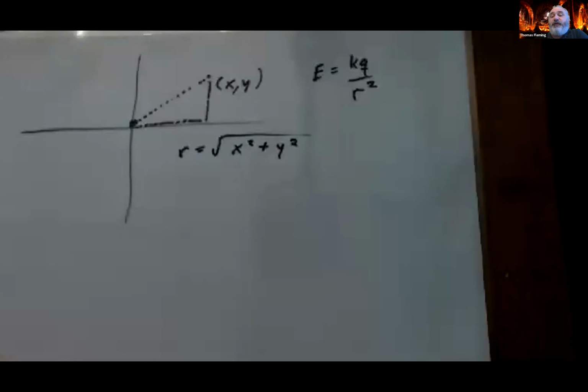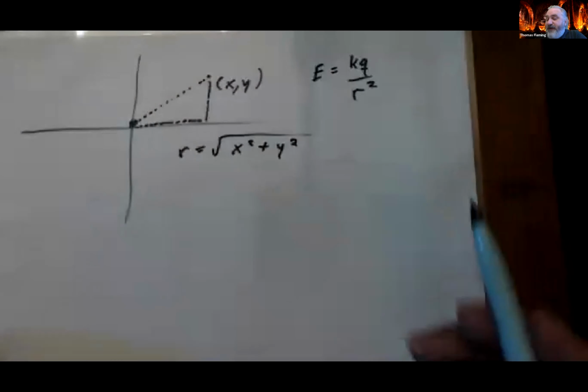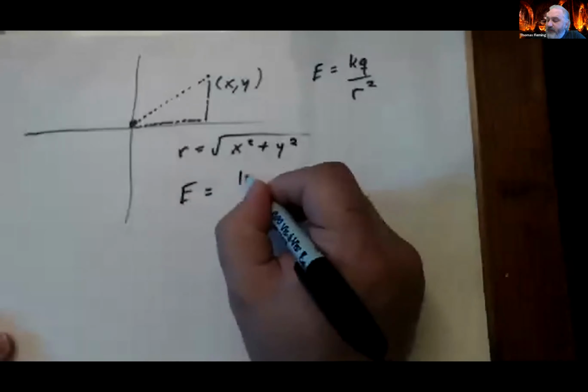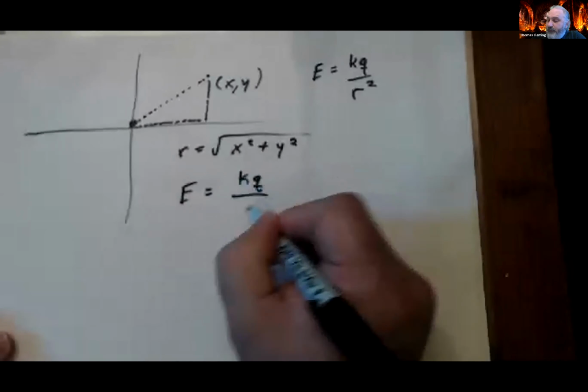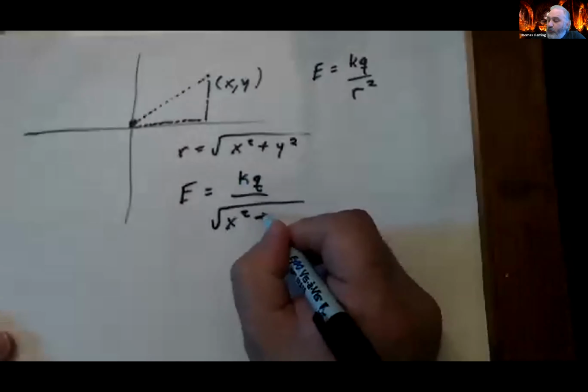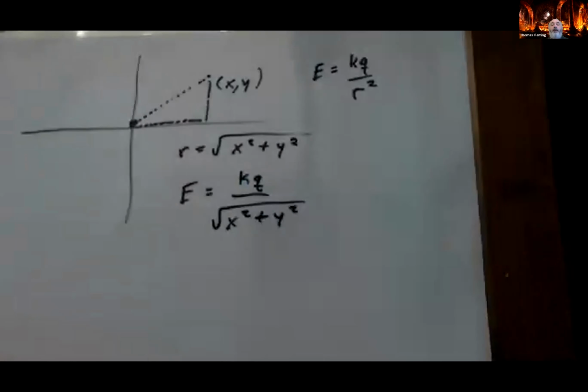So if I wanted to genericize this formula for any location I choose to look, all I'd have to do is write that E would equal K times Q divided by the square root of whatever point I pick for x squared plus whatever point I pick for y squared. There we go. That was super easy. Now, I do have one problem.